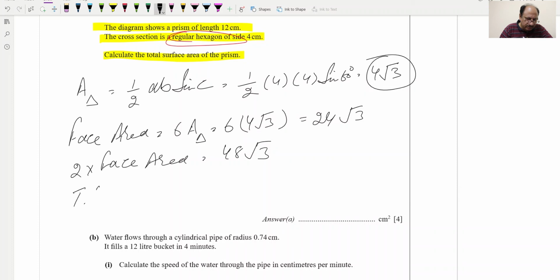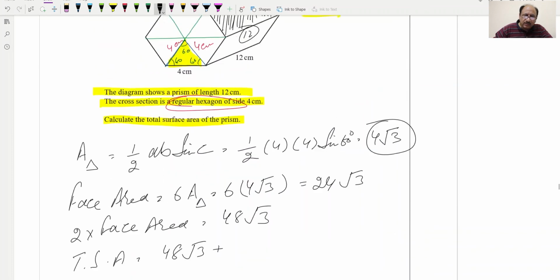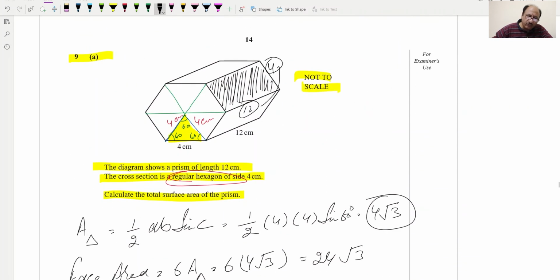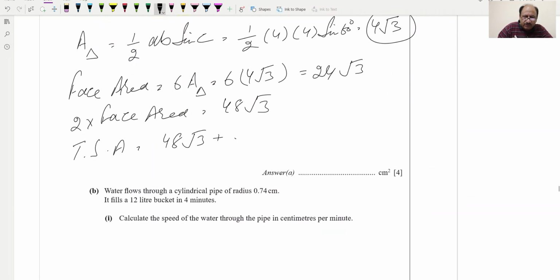So total surface area is equal to 48 under root 3 plus this will be 12 into 4, which is 48, into 6.